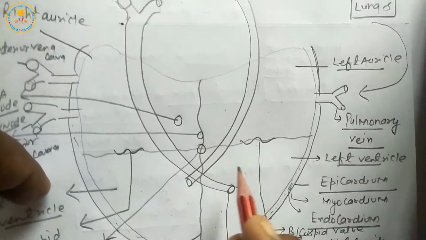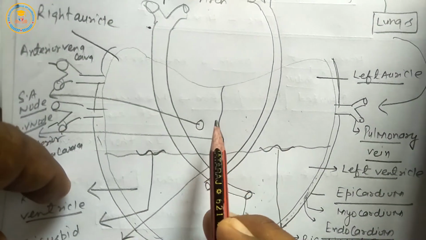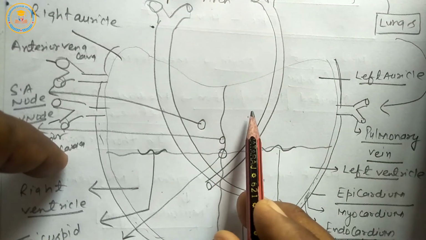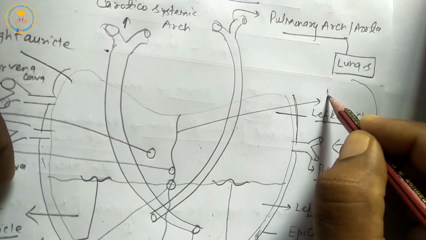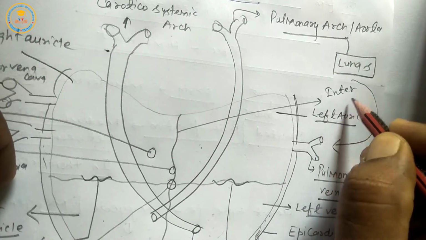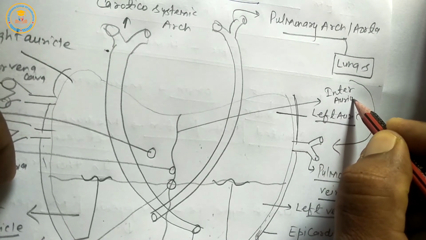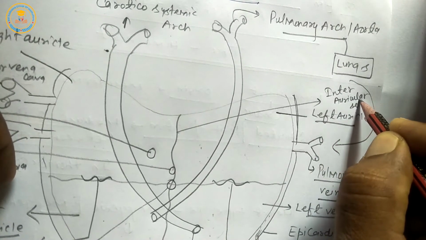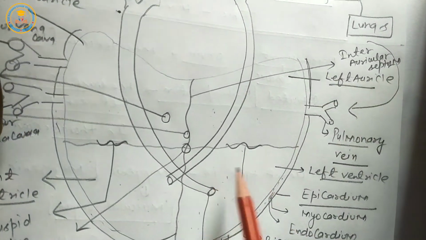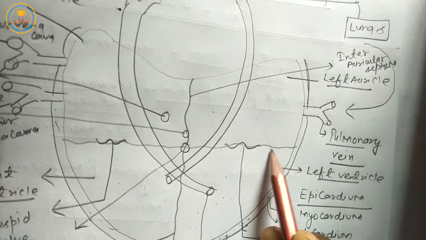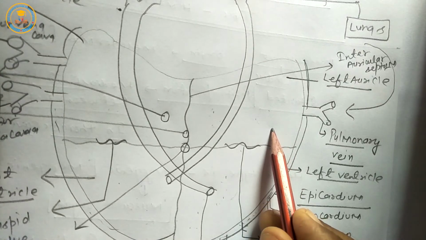Next, this septum is located between the right auricle and left auricle. It is called the interauricular septum.